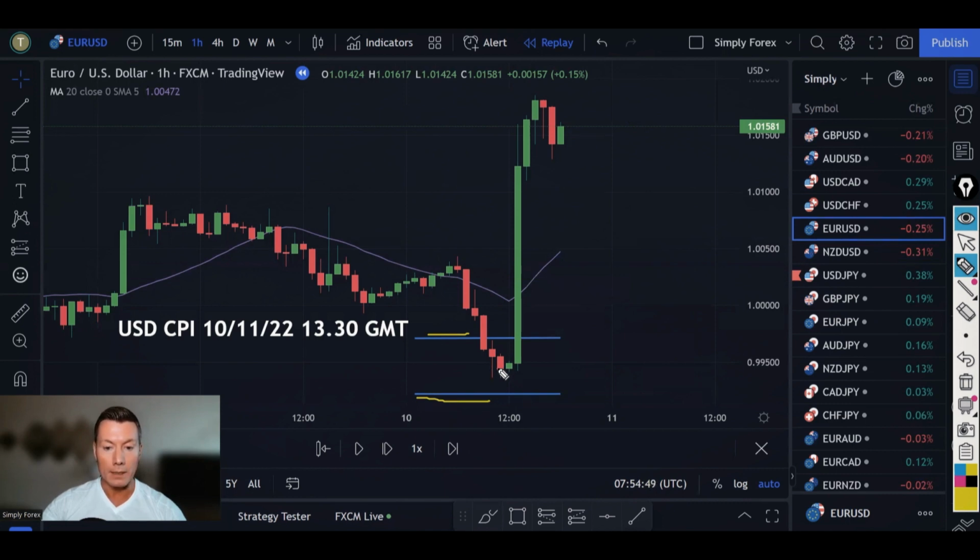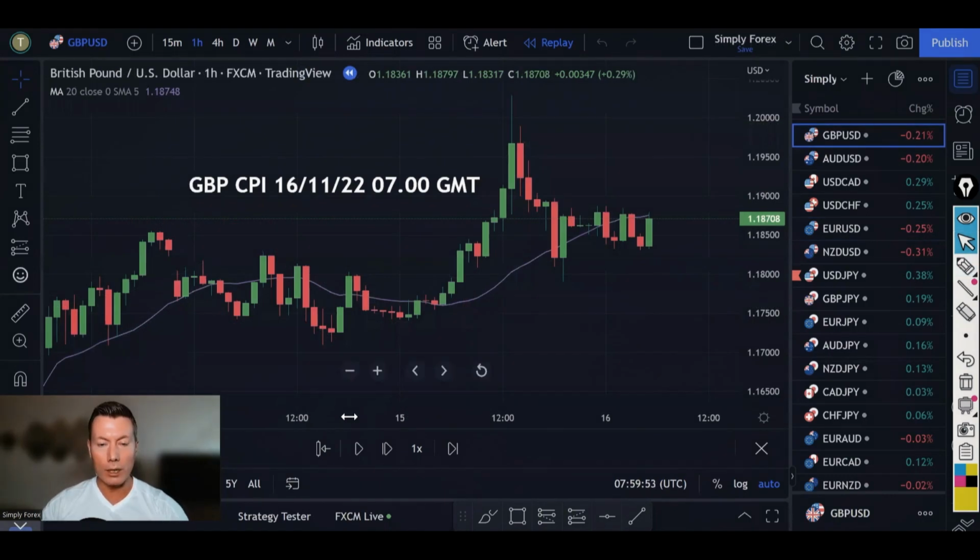So you don't want it to come down and take out your sell order before the news has even come out. Or you don't want it to come up and take out your buy order before the news has even come out. So your buy and sell order, guys, have to be a good distance away from price.